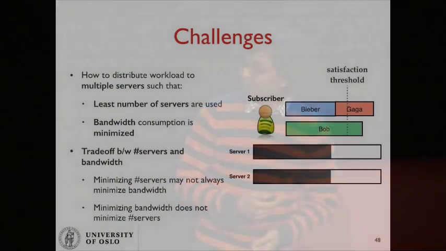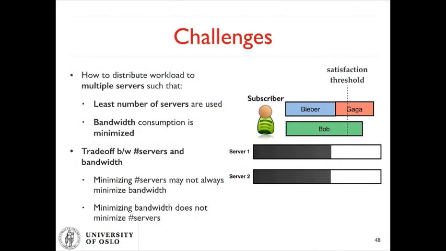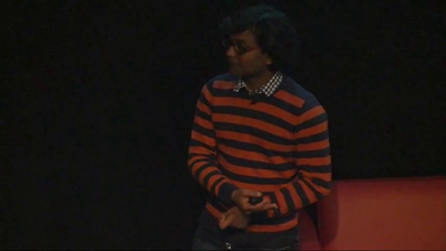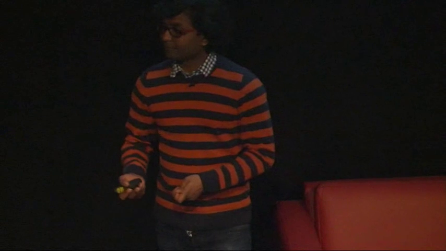So to show that with an example, consider there is a subscriber, and the satisfaction metric is defined in such a way that either selecting Bob alone meets the satisfaction of the subscriber, or selecting Bieber and Gaga together meets the satisfaction of the subscriber. So to meet the satisfaction of the subscriber, we basically have two choices.